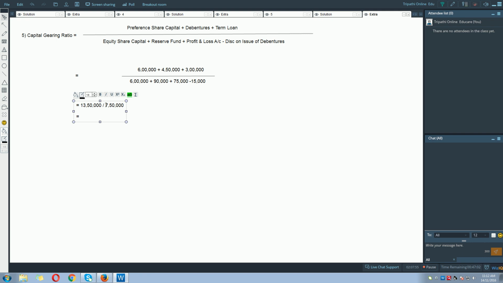Equity share capital is 6 lakhs. Reserve fund is 90,000. Profit and loss account 75,000. And discount on issue of debenture 15,000.